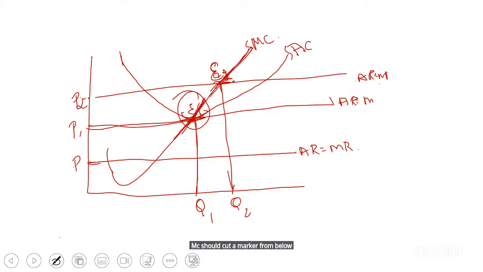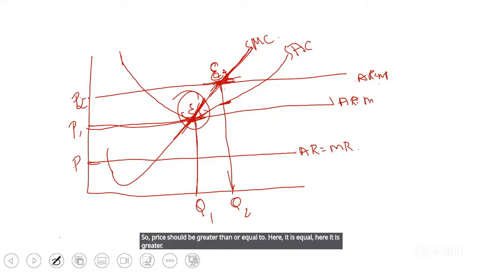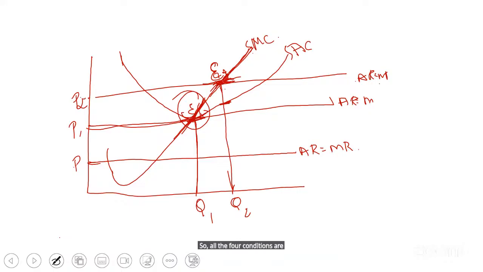That is also happening. Fourth condition, price should be greater than or equal to average cost. This is the price line, this is the cost line. Which is higher? Price line. So price should be greater than or equal to. Here it is equal, here it is greater. So all four conditions are fulfilled. So this is also another equilibrium point.